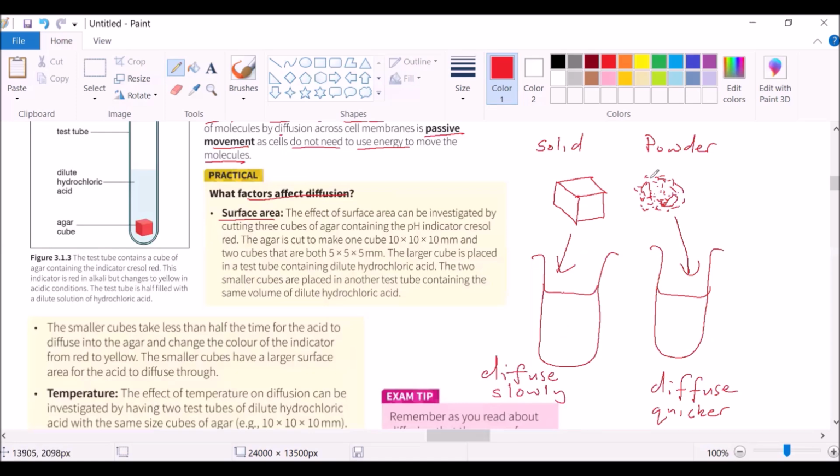This is because by crushing, the powder has more surface area for water molecules to work on, and therefore it will diffuse quicker. The solid block has less surface area for water molecules to work on and spread the soluble solid, therefore taking more time to diffuse.